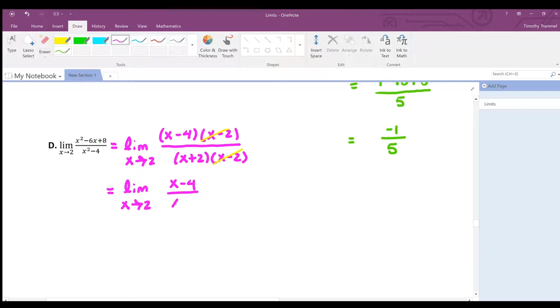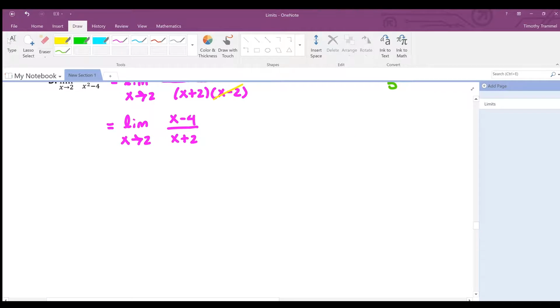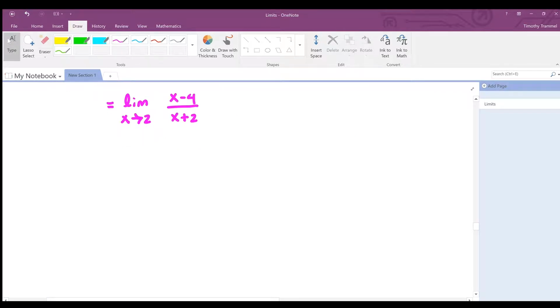But the question is, is the limit of these two expressions really the same? Or the limit of these two functions, even though they are technically slightly different. Let's see how their graphs differ. We're going to do that down here. So let's write in each function.